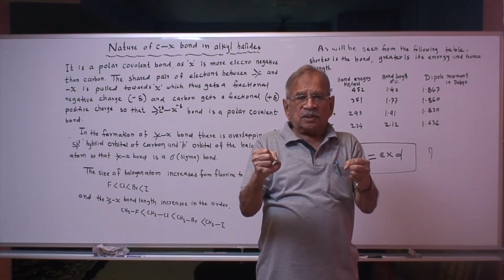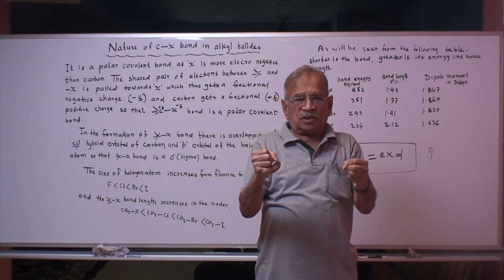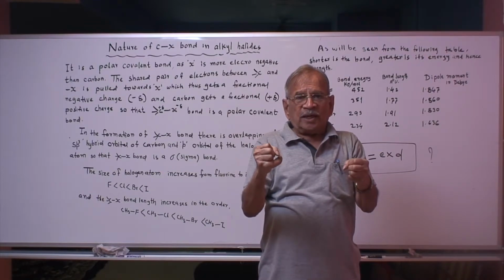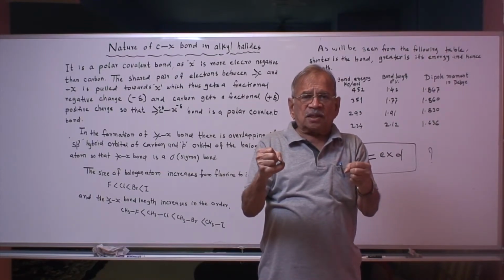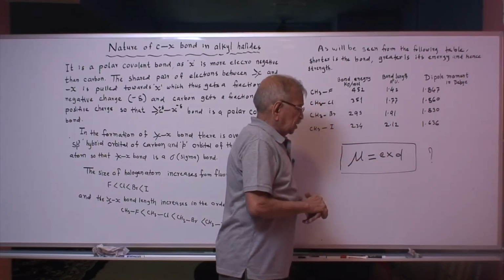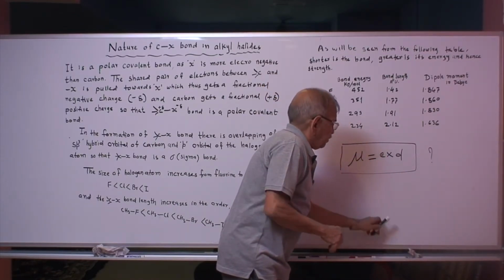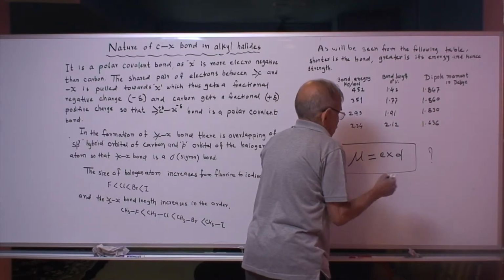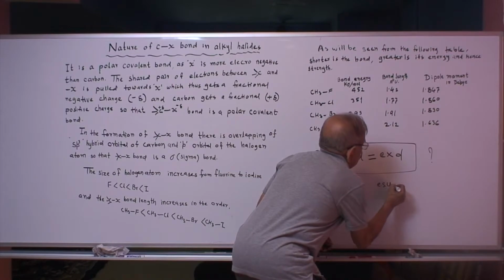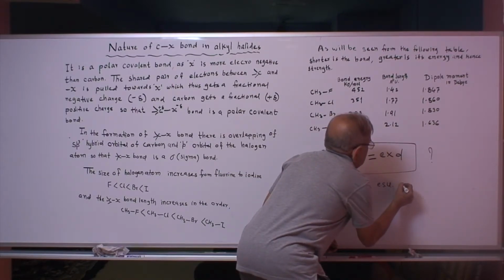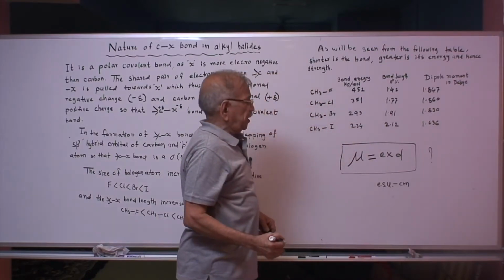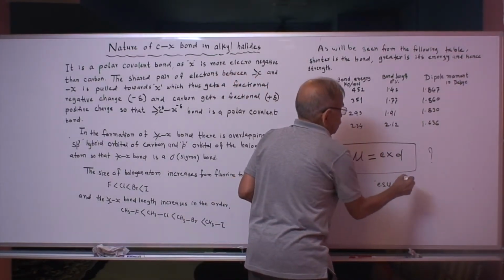d is the distance measured in centimeters between these two electrical centers of gravity. e is the magnitude of the charge measured in electrostatic units, and distance is measured in cm, so that dipole moment is measured in the unit esu-cm.